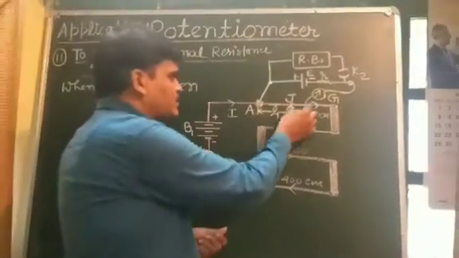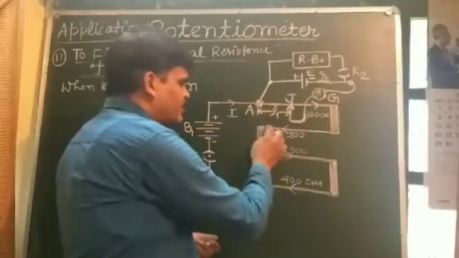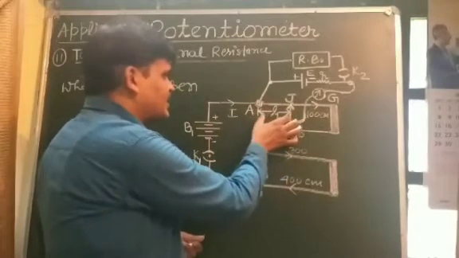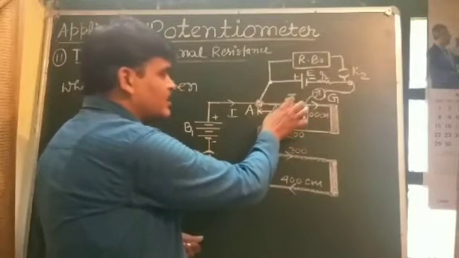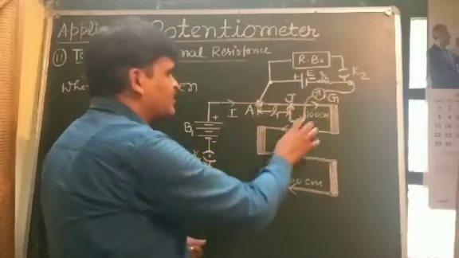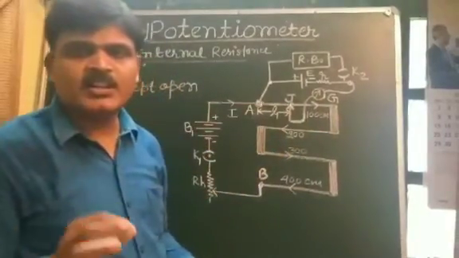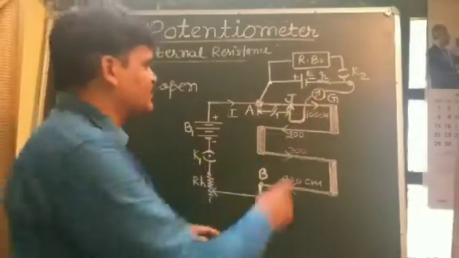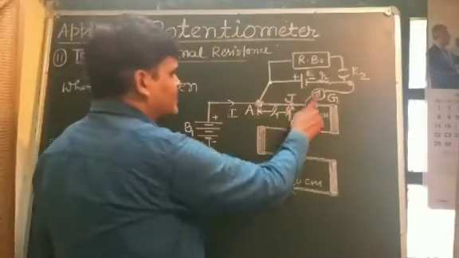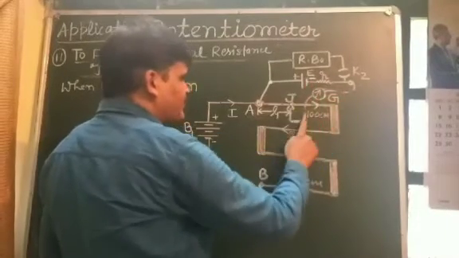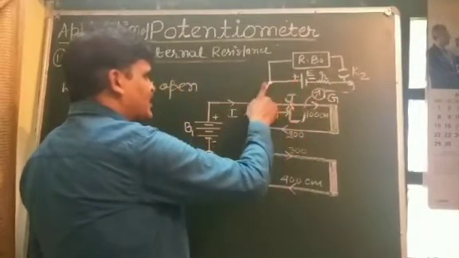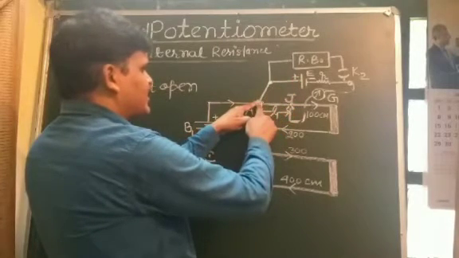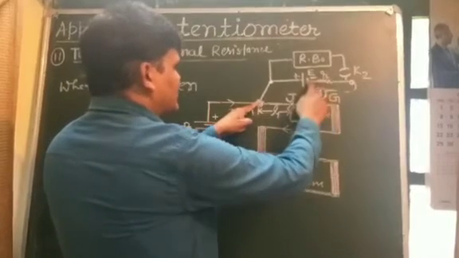Now touch the jockey on the potentiometer wire, and suppose, as in the previous case, that at length L1 when the jockey touches the potentiometer wire, there is no deflection in the galvanometer. It means there is no flow of current through the galvanometer. So the potential at this point and the potential at this point are the same.